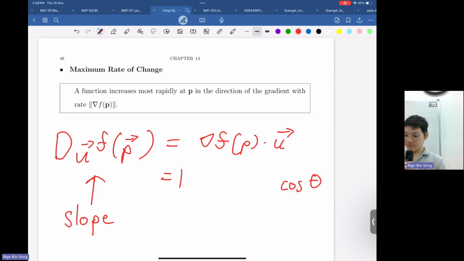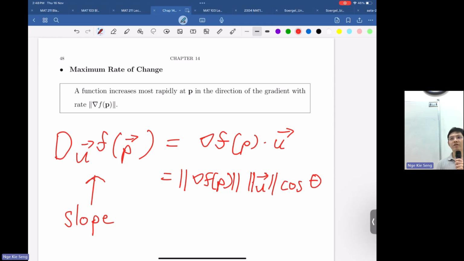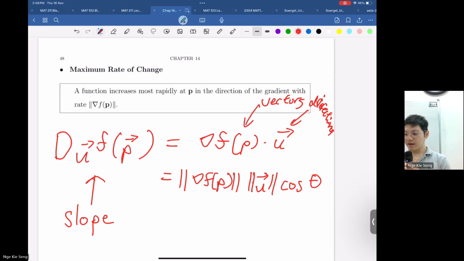The dot product is the product of the lengths, in other words the norms, times cos theta. Theta is the angle between the two vectors here, because these are vectors: the directional vector and the gradient vector. But u is what? A unit vector, so it has length 1.